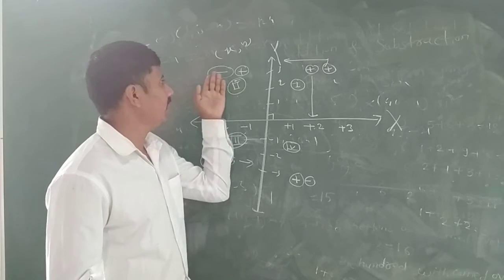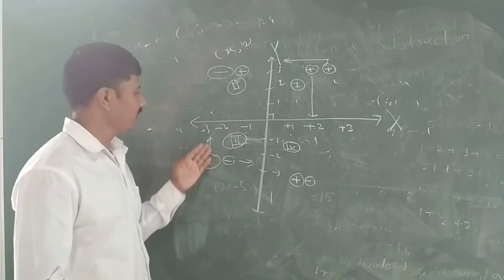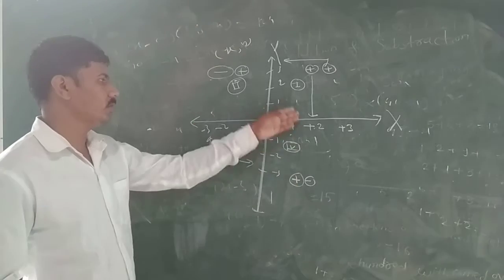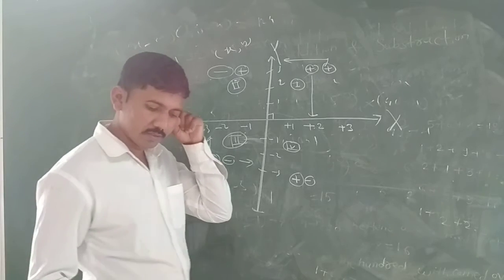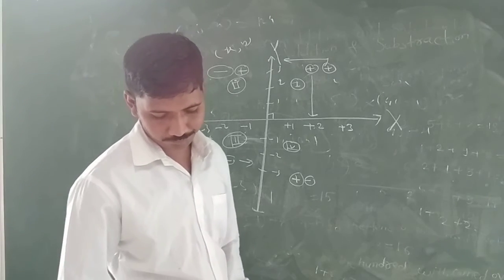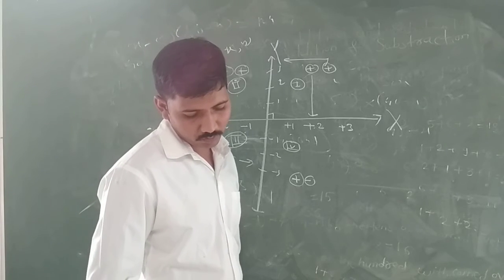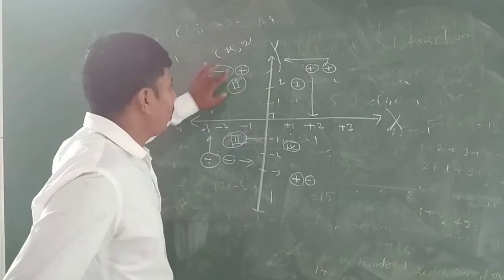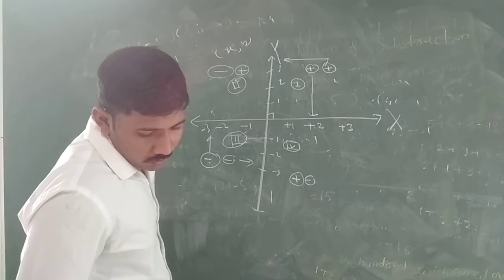In the second quadrant, x is negative, y is positive. In the third quadrant, x is negative, y is negative. In the fourth quadrant, x is positive, y is negative. Likewise, you are going to consider the signs of the quadrants. One more thing to remember is that we have to consider the quadrants in anti-clockwise counting.